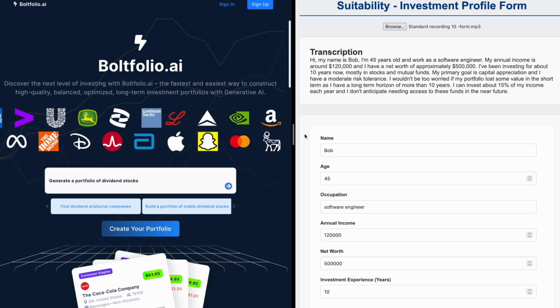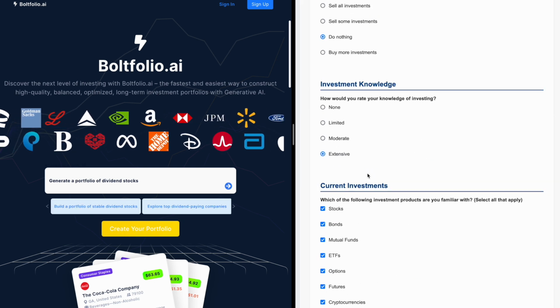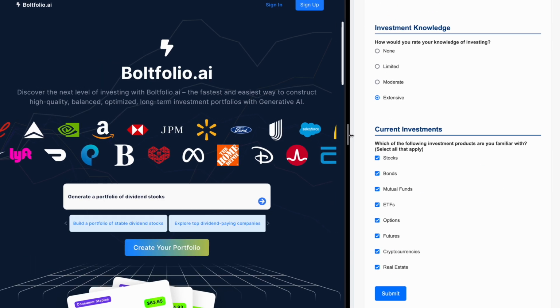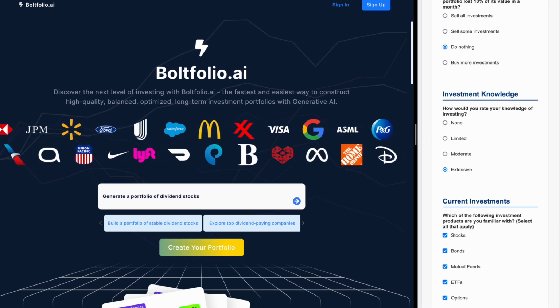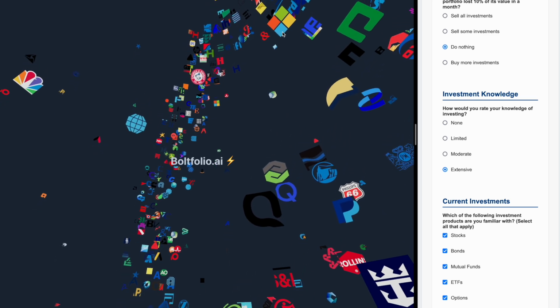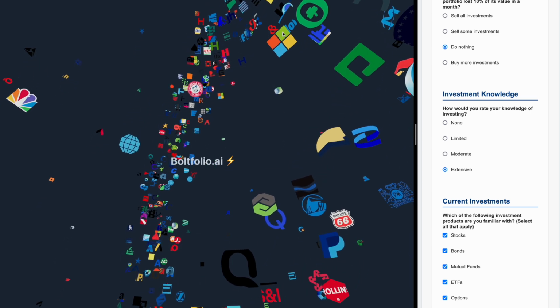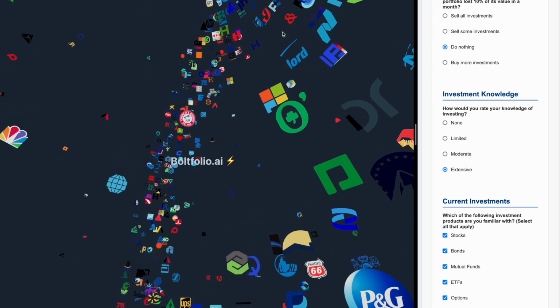So this is part of the onboarding journey. Now, if I filled this out completely, what it should do is provide me with a more tailored filter through all the different companies in the investment universe, and help me identify those companies which meet my criteria, right?